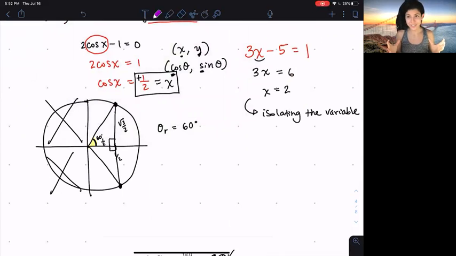The reference angle is not our answer. We want the actual angle measures. So measuring from 0 degrees and opening up counterclockwise, our first answer is 60 degrees. That only happens in quadrant 1 though, where the angle and the reference angle are the same. Let's see what happens with our second answer in quadrant 4.